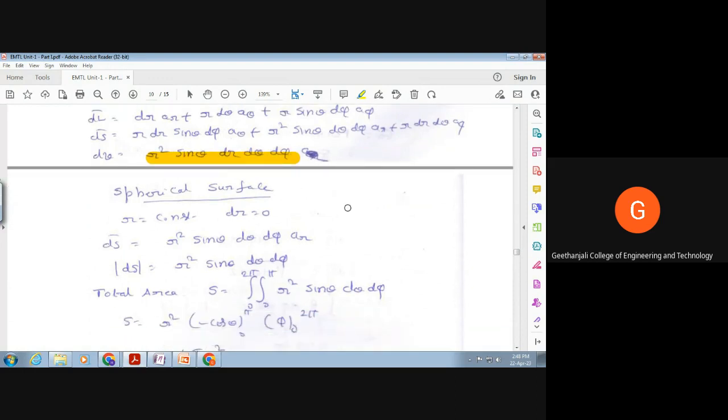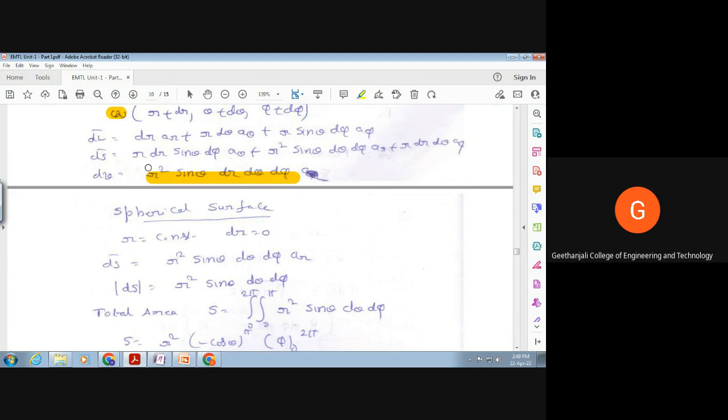Now let us see how to make use of these equations. For example, you are defining a spherical surface of radius r. What is constant for the spherical surface? r is constant. Once r is constant, dr is equal to 0, so this term would be 0. Then the expression for ds, the second term would be 0, and here also dr is present, so this term also would be 0.